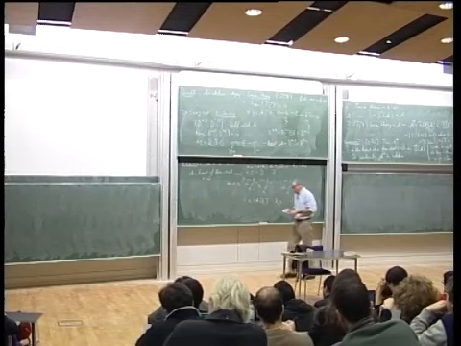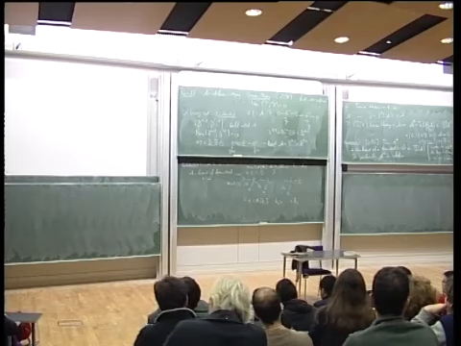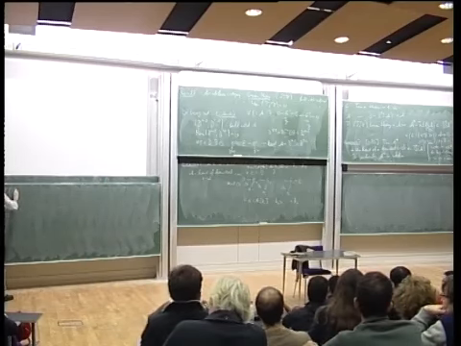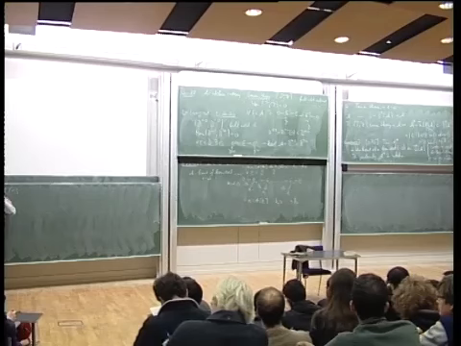Okay. So now in the example, the motivating example from yesterday, I started with the abelian category of coherent sheaves on a smooth projective curve.